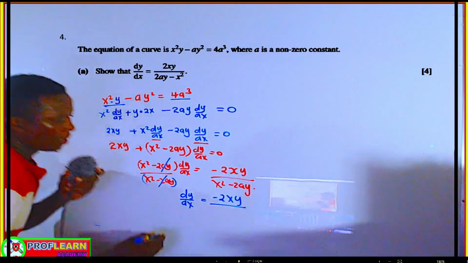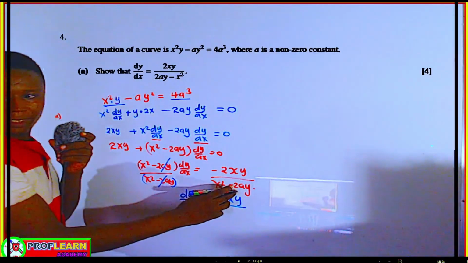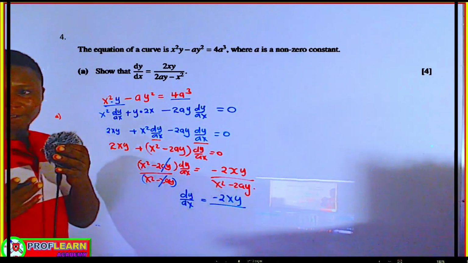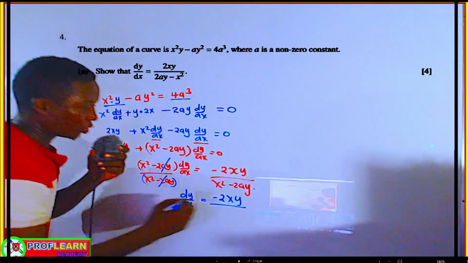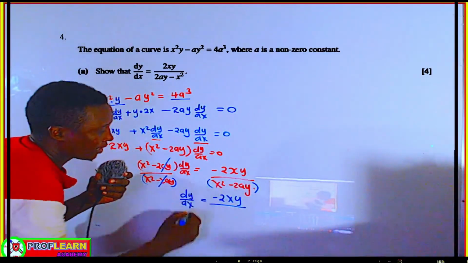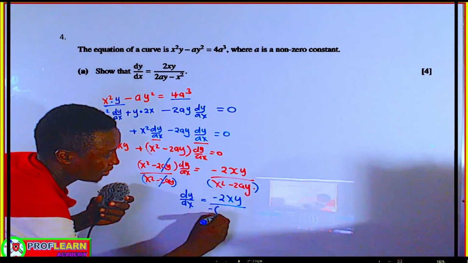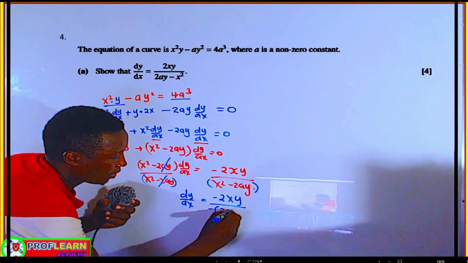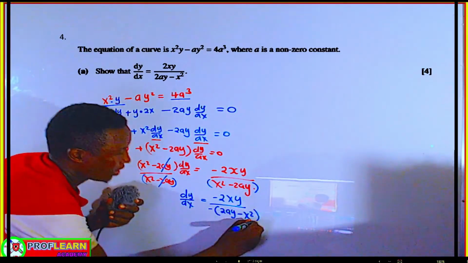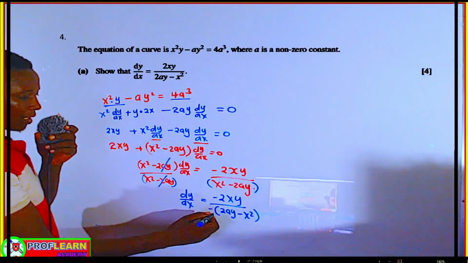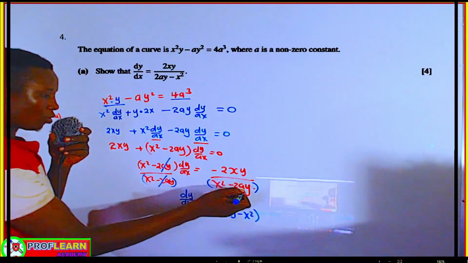But now, since this term should be at the beginning according to the expression that we are supposed to show, we are going to introduce a negative, and then we shall say this negative 2ay minus x squared. Because if you open this bracket, you are going to have this negative and it will go back to here.